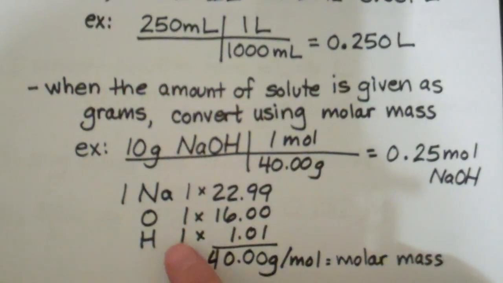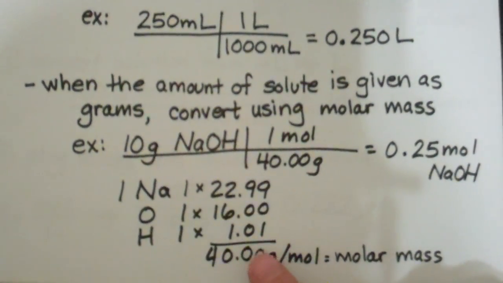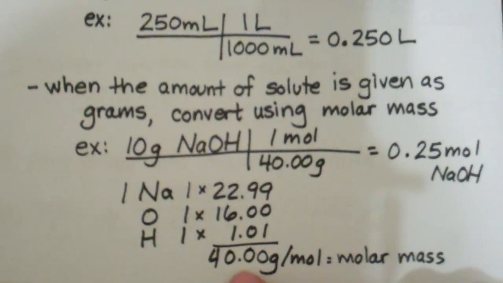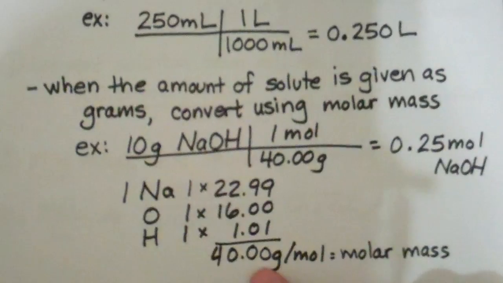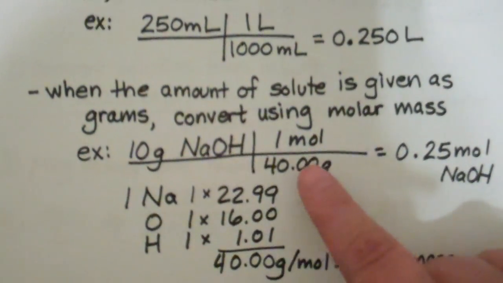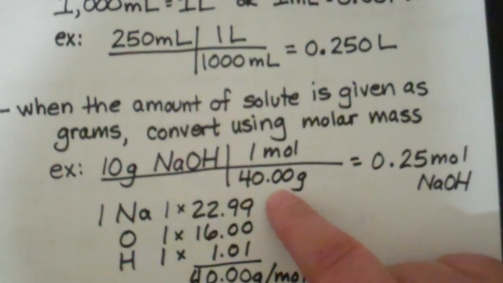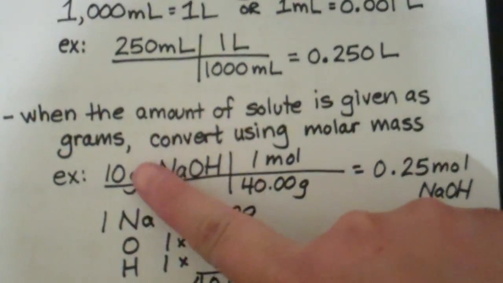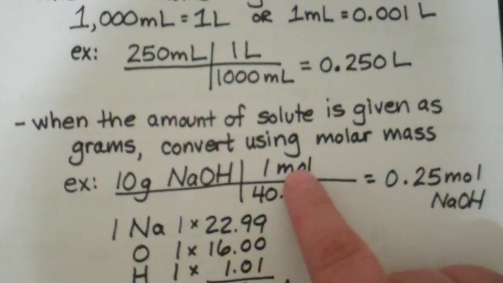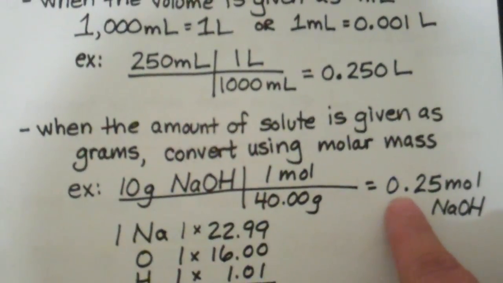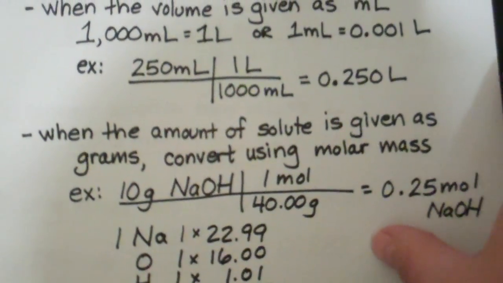And I have 1 hydrogen, and it has a molar mass of 1.01 grams per mole. When I add that all up, I get that the molar mass of sodium hydroxide is 40 grams per mole. So I can input that here as the molar mass of sodium hydroxide. And when I cancel my units, grams cancel, I replace with moles, and I get that I have 0.25 moles of sodium hydroxide.